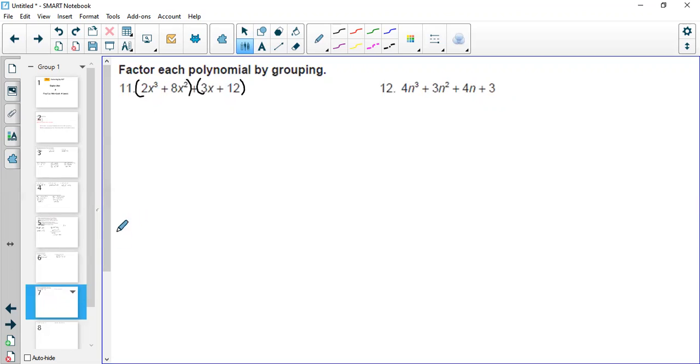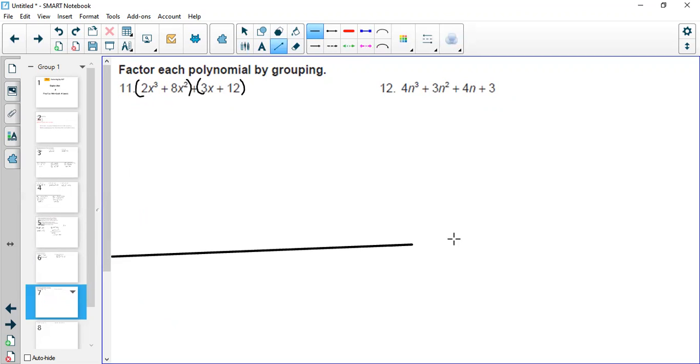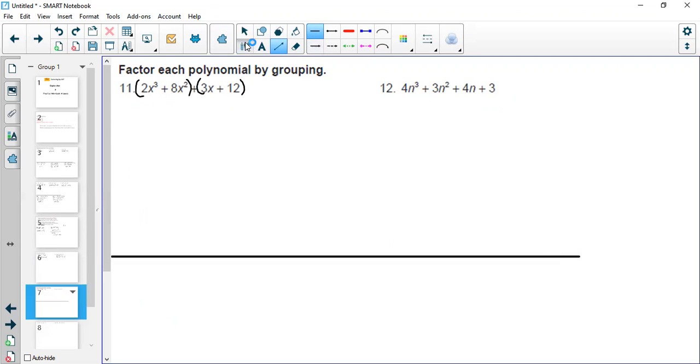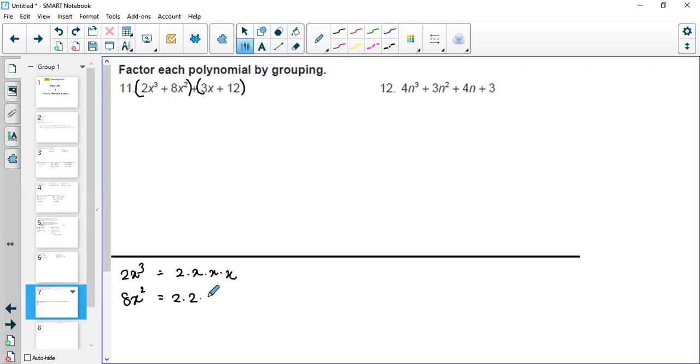So here you need to find the GCF of 2x cubed plus 8x squared first. The GCF of 2x cubed, now you could do this perfectly mentally, but I'm just doing it for one question. That's all. So this is going to be 2 x x x, and then this is going to be 2, 2, 2, x and x.